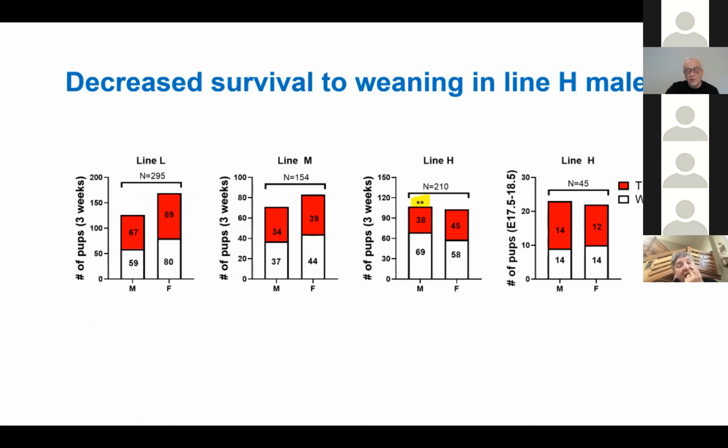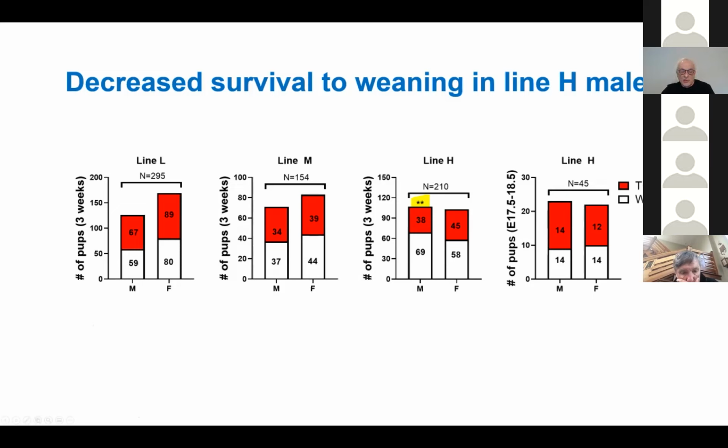Okay, thank you. So here's the survival data. These are bar graphs, and you can see this is the relative survival of the pups in line L, M, and H. And this is the survival to 3 weeks, to the weaning point.